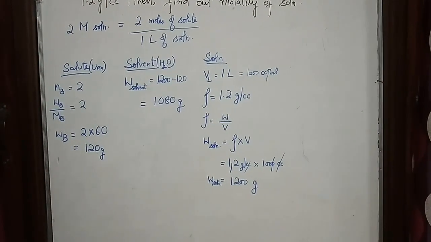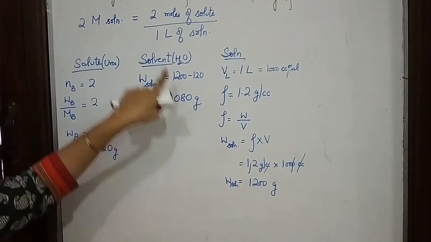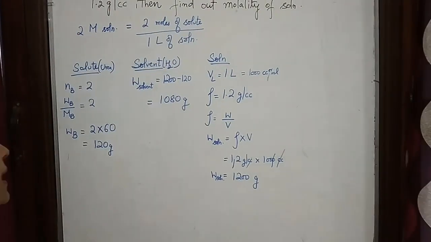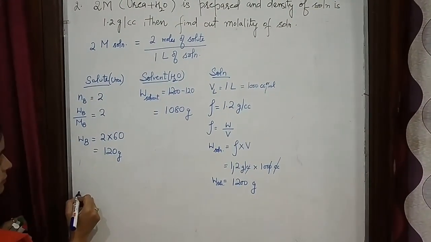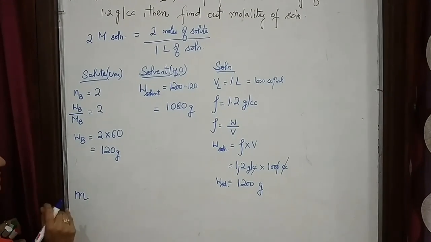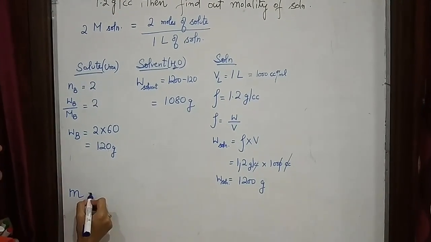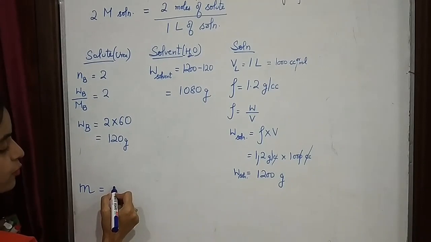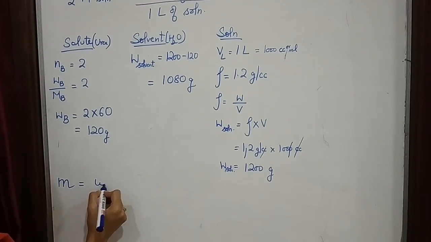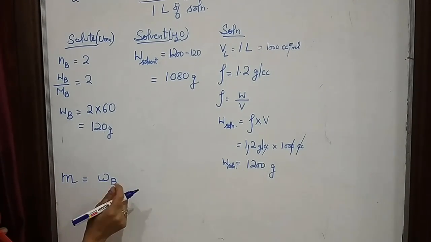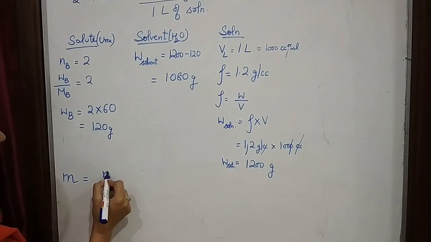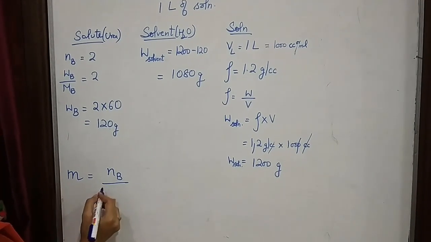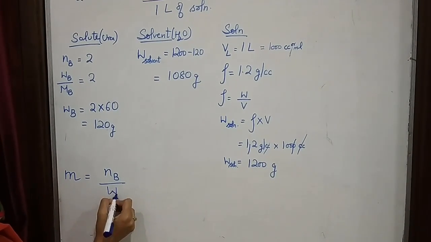Now you know the mass of solvent. We have to find out the molality, and we know that molality, which is represented by small m, is equal to the number of moles of solute, that is n_B, or you can write directly, the number of moles of solute present per kg of solvent.